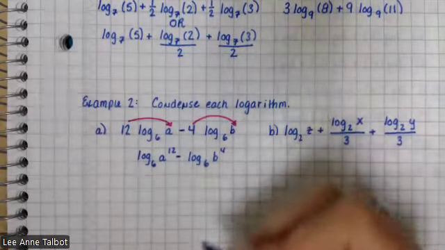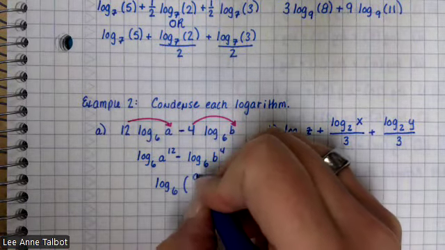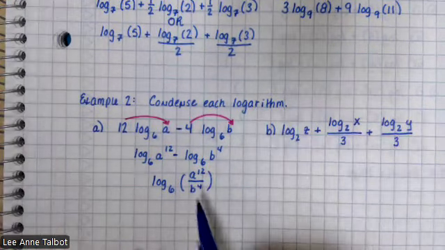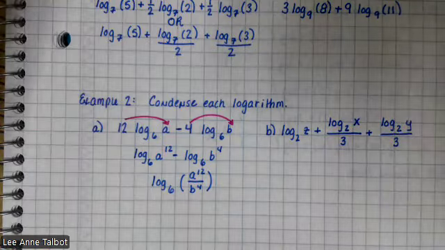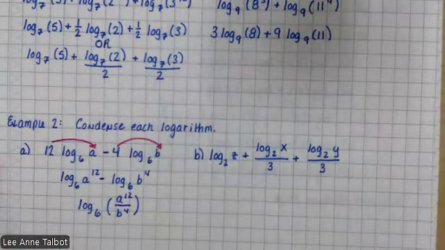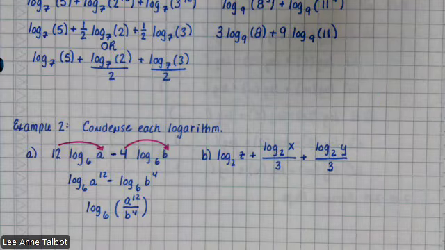So this is how it's going to look: log base 6 of a to the 12 over b to the 4. The first thing is the numerator and the second thing is the denominator. That's done. I actually prefer condensing because you have to write less.